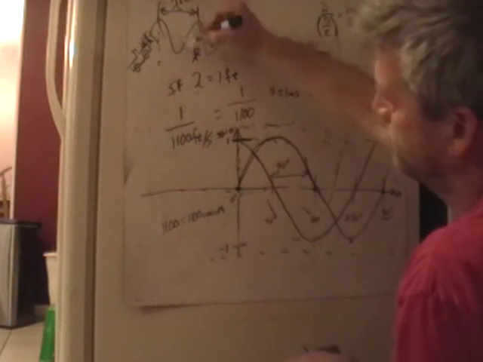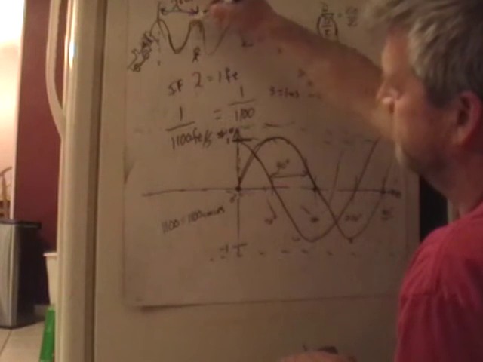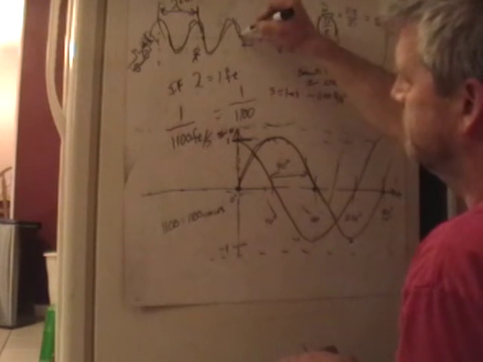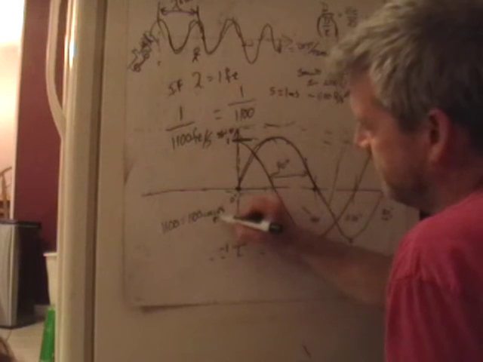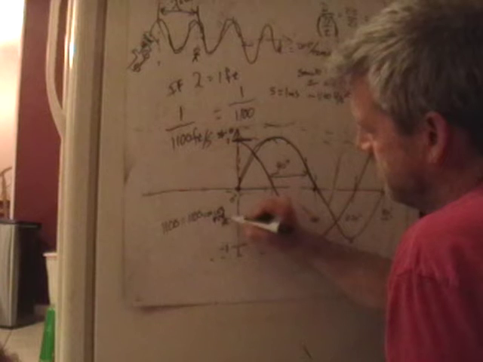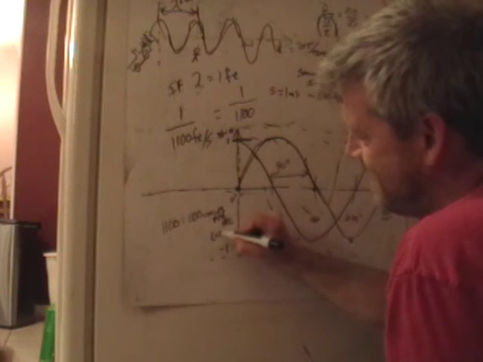This is a cycle, one full time through. If I started here and went like this, that's one time, 2 cycles, 3 cycles, and so on. It's 1100 cycles per second. And that's CPS.